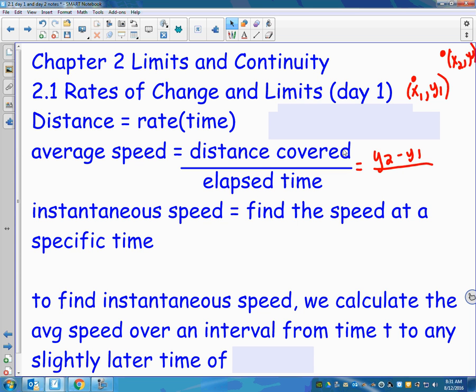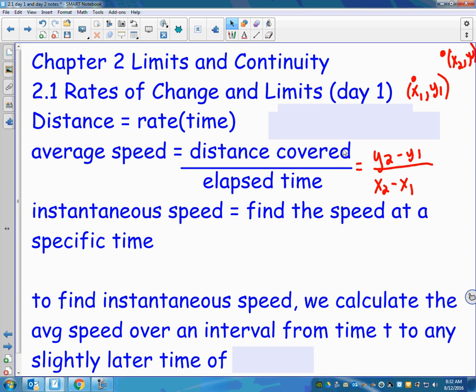And the elapsed time is your x-axis, so that's going to be the difference in your x-coordinate, x2 minus x1. So average velocity is like the slope between 2 points that you have.